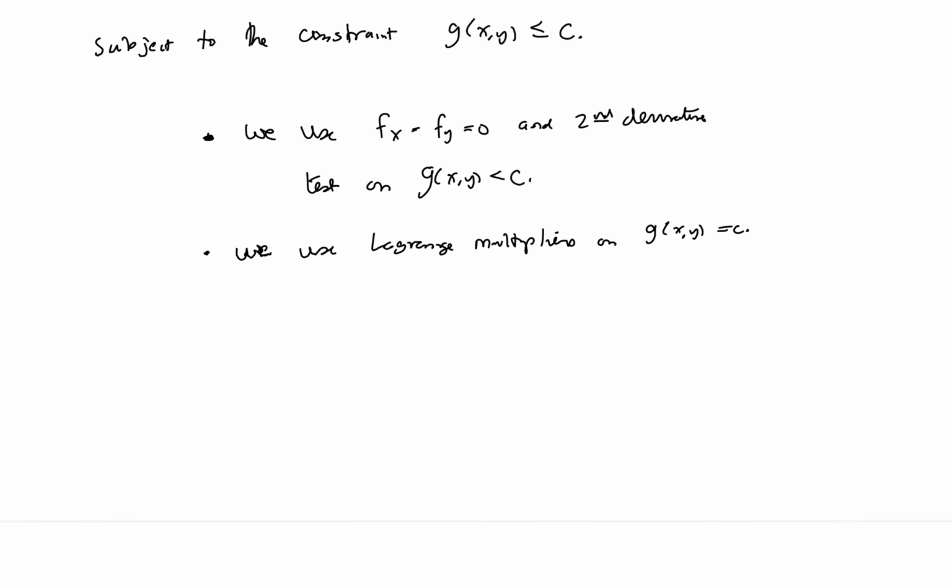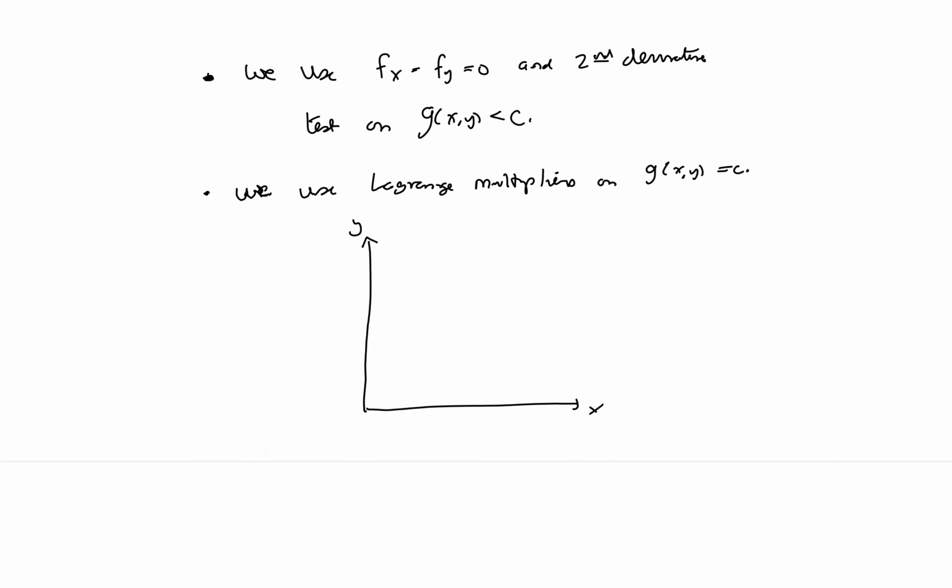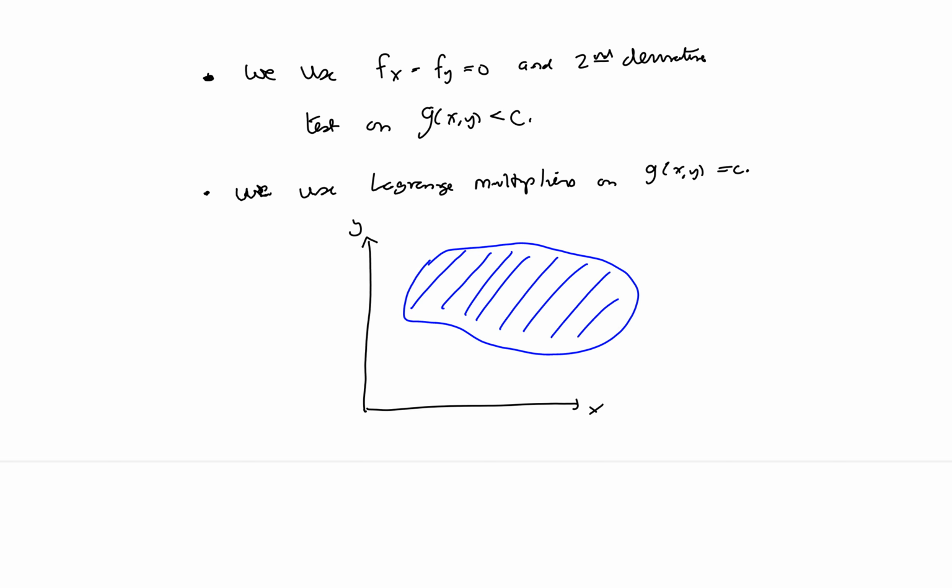So for instance, if we had a region, we might have this be our g(x,y). So our region would be that and everything inside.